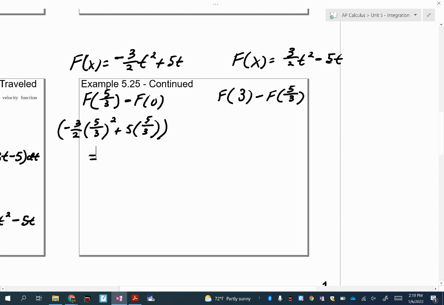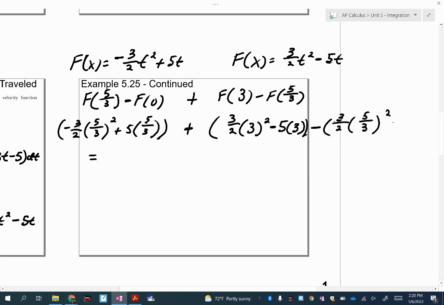I'll show it, but you'll notice I've done some of it already. So plus 3/2 times 3 squared minus 5 times 3. That's the part I already did. Minus 3/2 times 5/3 squared minus 5 times 5/3.